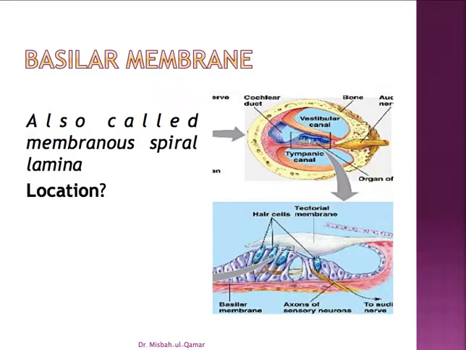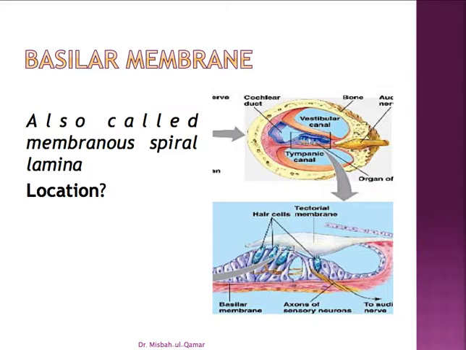I already told you that the basilar membrane is also called the membranous spiral lamina, and it projects from the bony center of the cochlea, which is called the modiolus. And precisely, this membrane arises from the osseous spiral lamina to the spiral ligament that I have already told you.